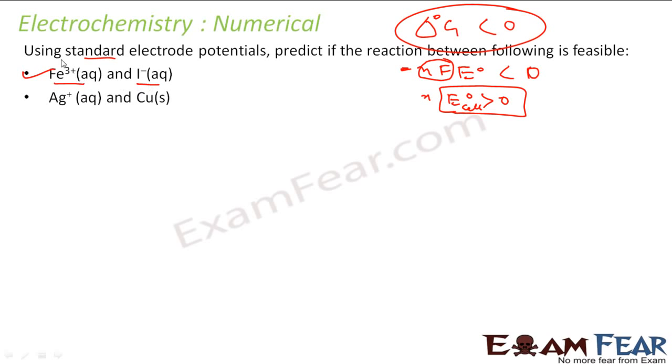So Fe3+, you can't oxidize this because oxidation state can be +2, it can't be more than +3. So this Fe3+ will be something which will get reduced, right? And I minus will be something which will get oxidized, right? So, reduction at cathode, oxidation at anode: this will be cathode and this will be anode.